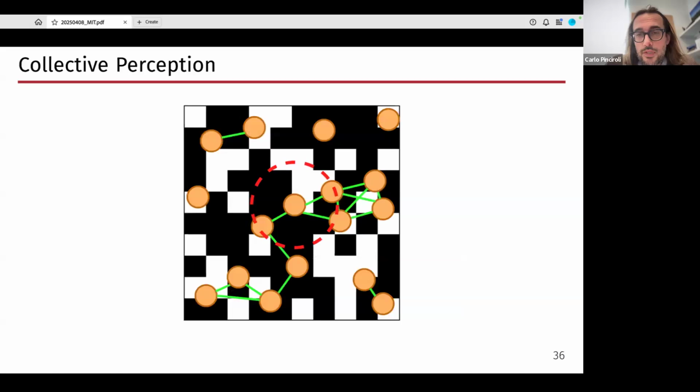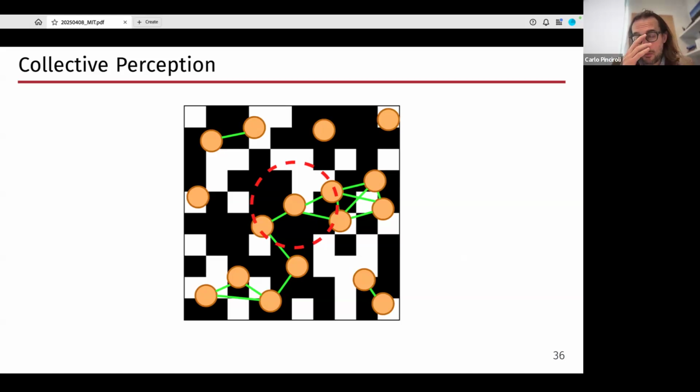Anyway, so we studied degradation over time, and we started with a very simple problem of collective perception, in which we have an environment with black and white tiles, and robots that need to decide whether there are more black tiles or fewer black tiles. So basically the ratio of fill of the environment, and they need to do it in a distributed way.